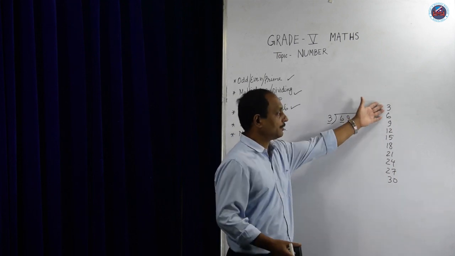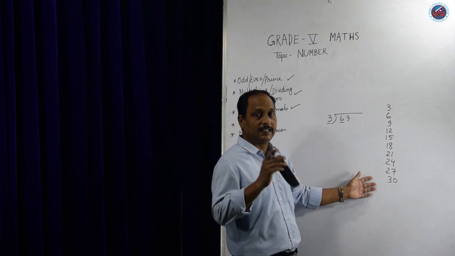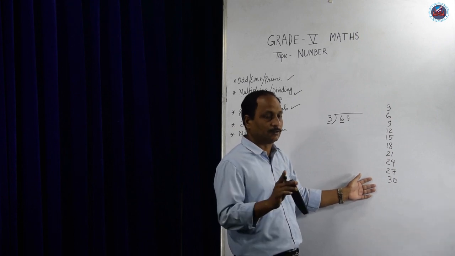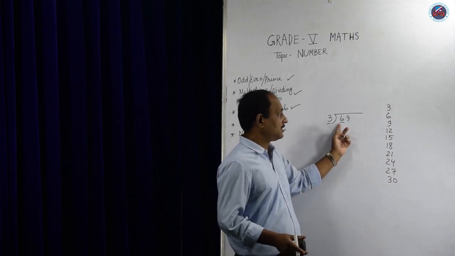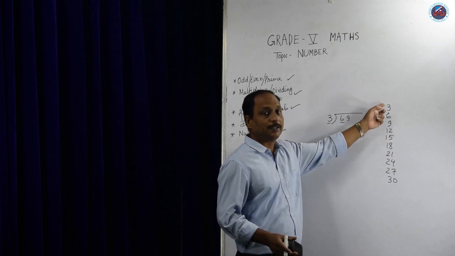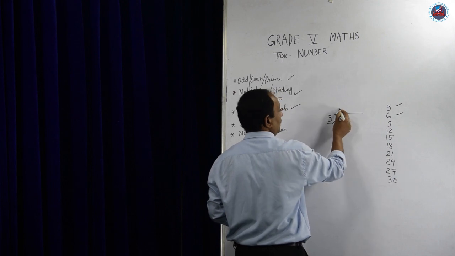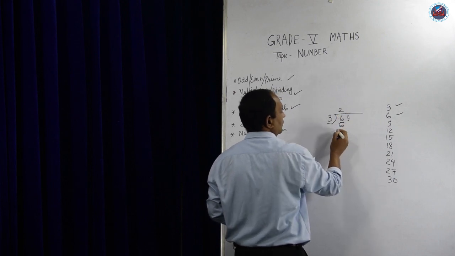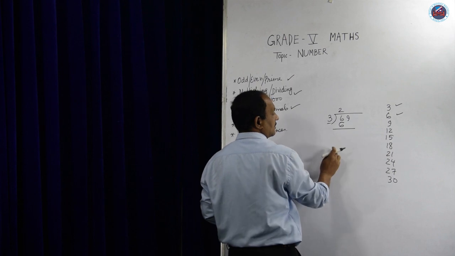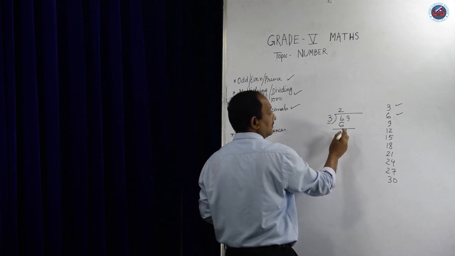Now which number will go from here? It should be less than or equal to, not more. So here we see that 6 is here, 6 is also here. How many times? 1 time, 2 times. So 3 2s are 6. 6 minus 6, 0.